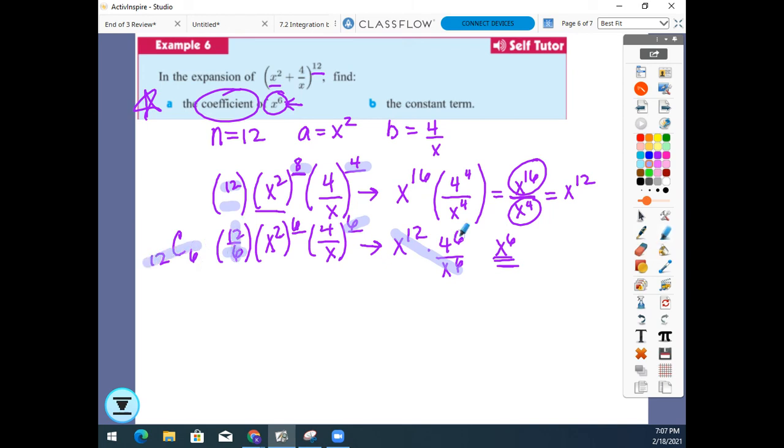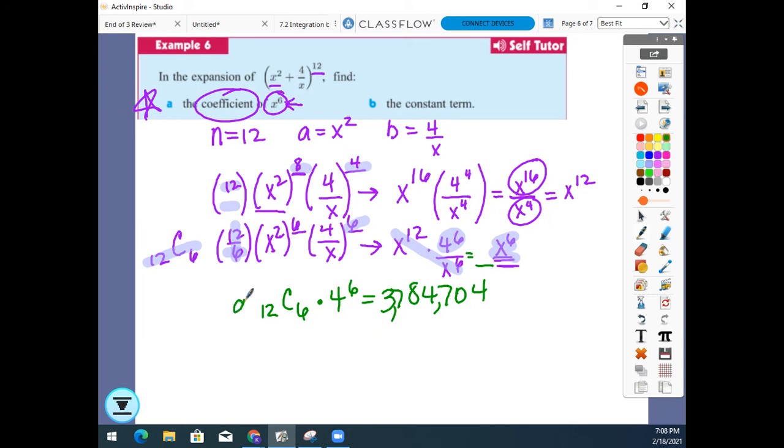And do you notice we also will get part of the coefficient from 4 to the 6th? Because the variable will be x to the 6th. What we're looking for, what would the coefficient of this be? So take whatever you get for 12 choose 6, take that times 4 to the 6th, and you get 3,784,704.